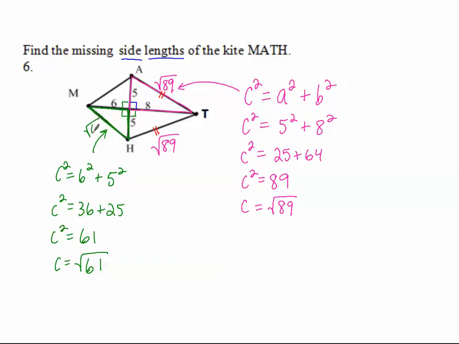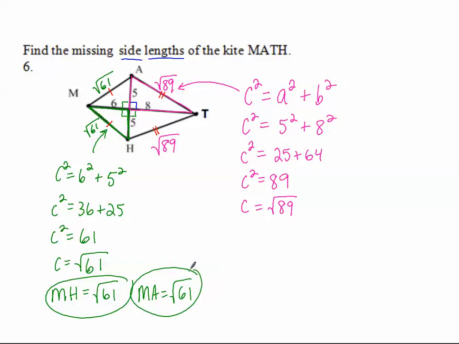So this side, square root of 61. Or I can say MH equals square root of 61. Because two consecutive sides are congruent, MA also must be square root of 61. So MH and MA are square root of 61, while the other two sides, AT and HT, are square root of 89. Awesome job!